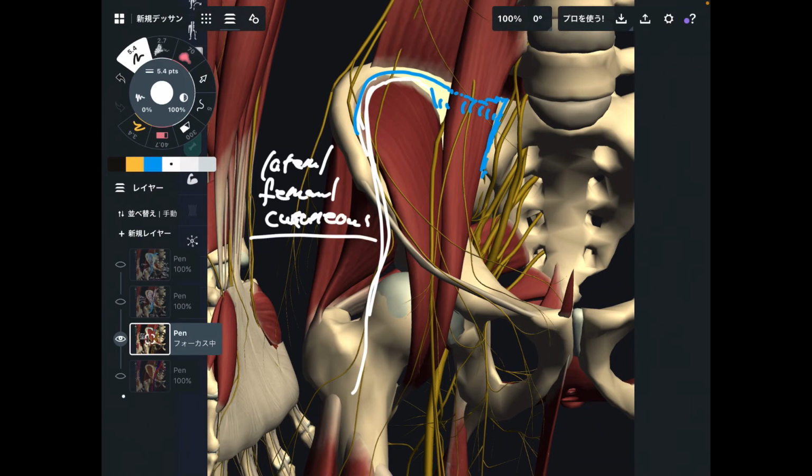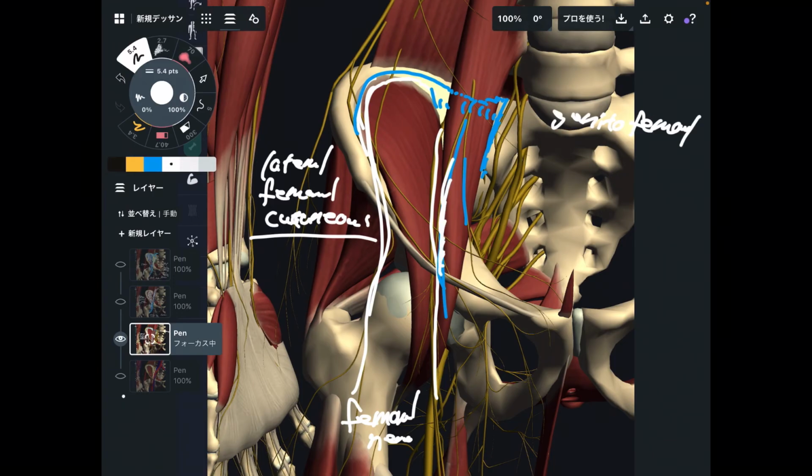Next nerve is this one, this big nerve. This is the femoral nerve. Let's go to the next one. This is the genitofemoral nerve. See that? It's close to iliacus.